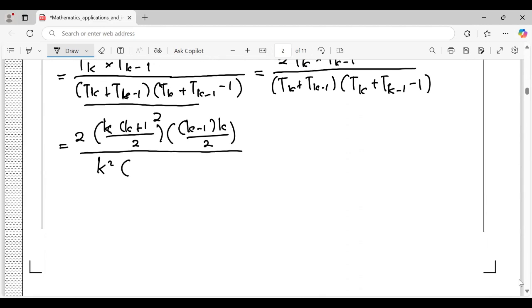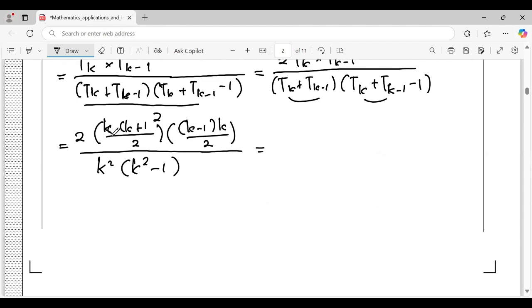So that's why this term becomes k squared, and this is k squared minus 1, in brackets, like this.